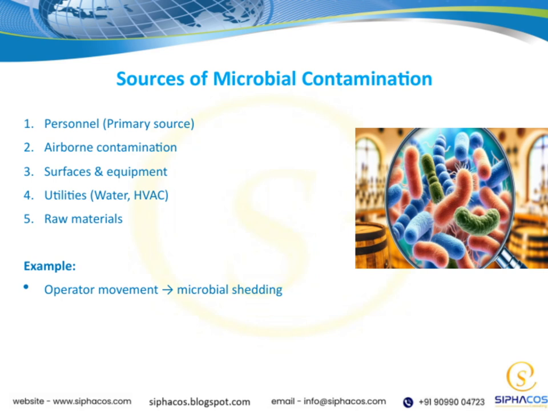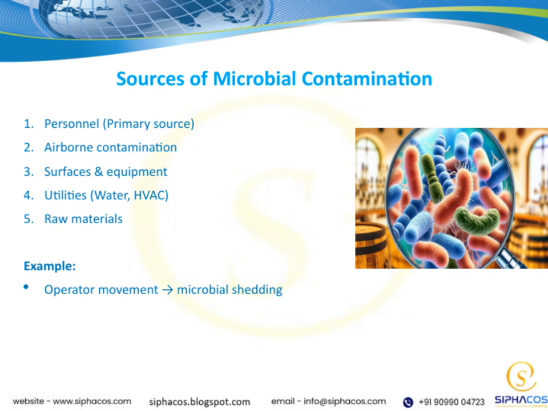Surfaces and equipment are also common sources. Microbes can settle on surfaces or hide in hard-to-clean areas, so regular cleaning and sanitization are vital to prevent microbial growth. Utilities such as water and HVAC systems are other key sources. Contaminated water or poorly maintained HVAC systems can spread microbes throughout the facility, so monitoring and maintenance are crucial.